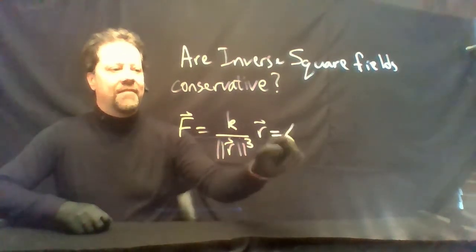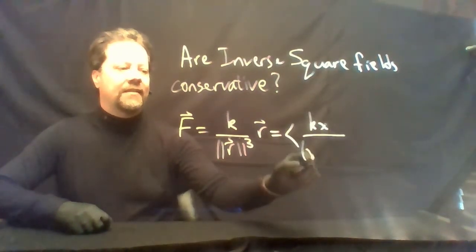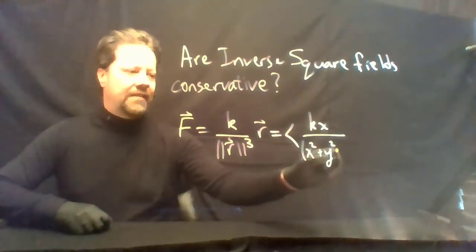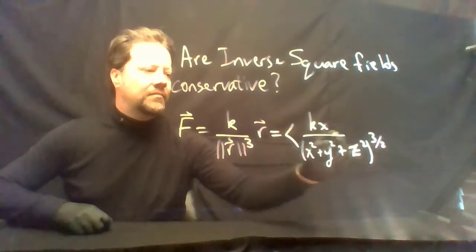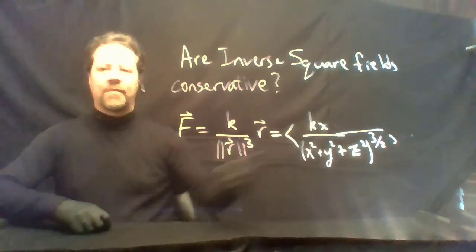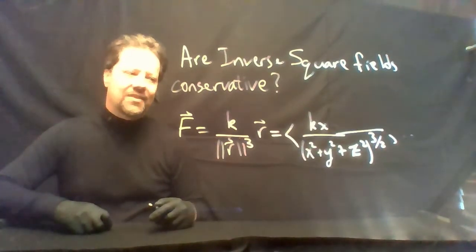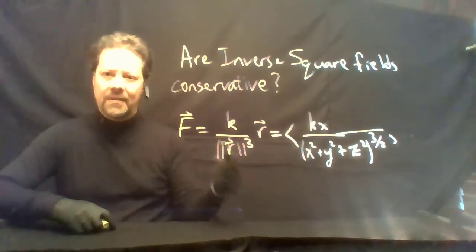That means inverse square fields are of the form kx divided by x squared plus, let's do this in the case of, say, R3. We'll have similar coordinates for y and z, but the first coordinate is of the form kx over the quantity x squared plus y squared plus z squared, all to the power of 3/2.